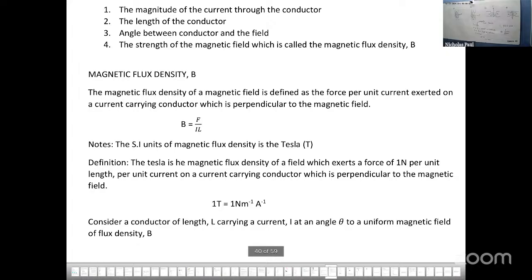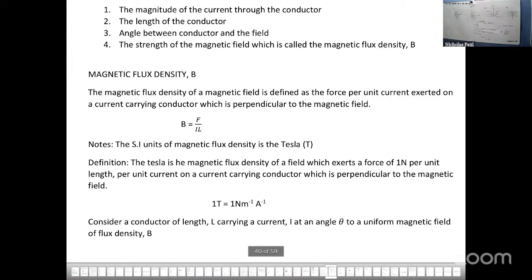So Tesla, that's the SI unit for magnetic flux density. And the definition: the Tesla is the magnetic flux density of a field which exerts a force of 1 Newton per unit length per unit current on a current carrying conductor which is perpendicular.